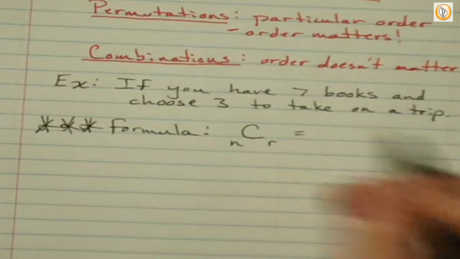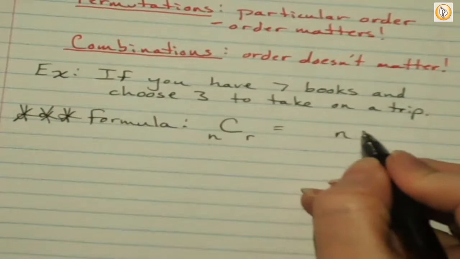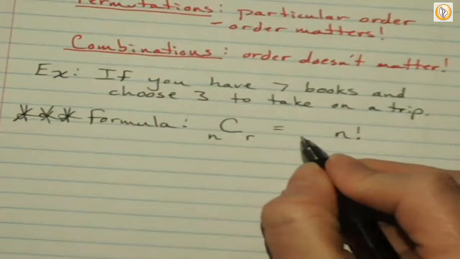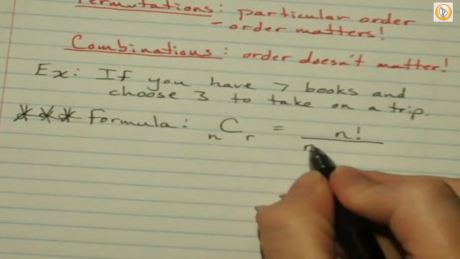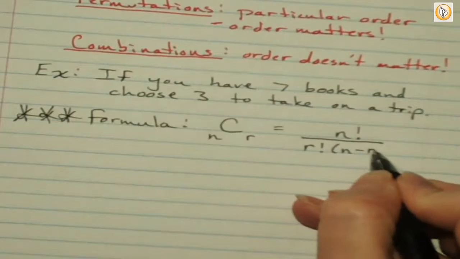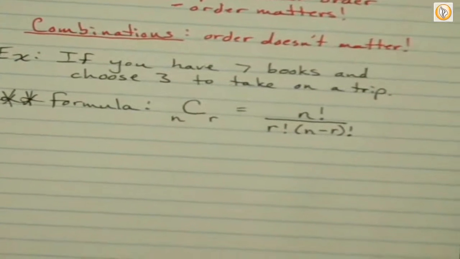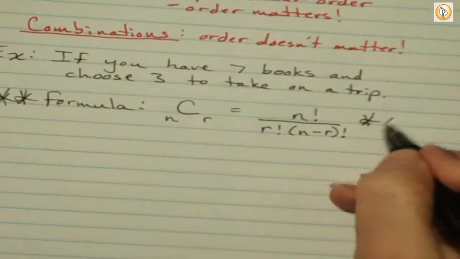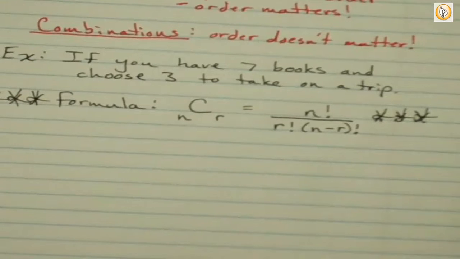Here's the difference, and you have to have these memorized. The formula is N factorial, just like permutation, over R factorial times N minus R factorial. So Joseph, what is the difference in the formula from permutation and combination?